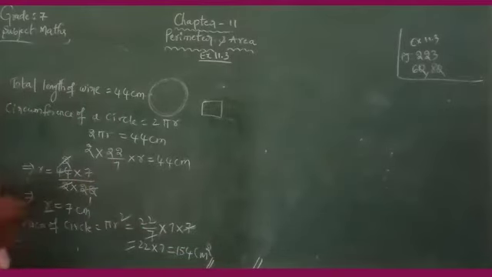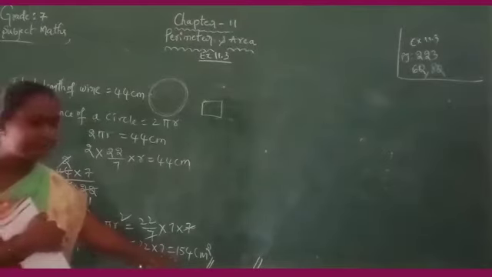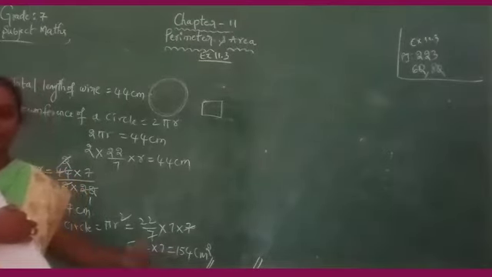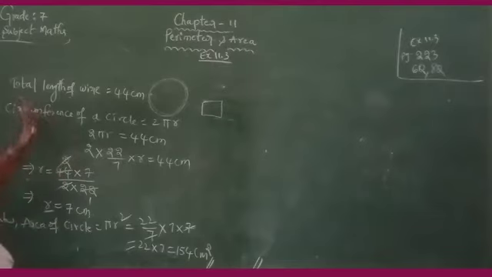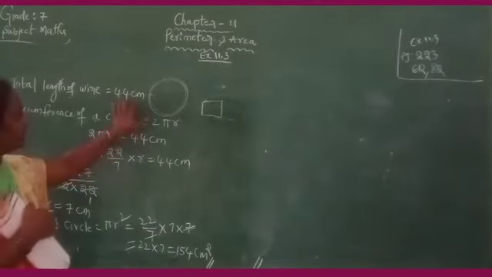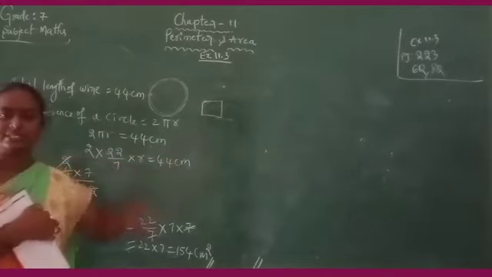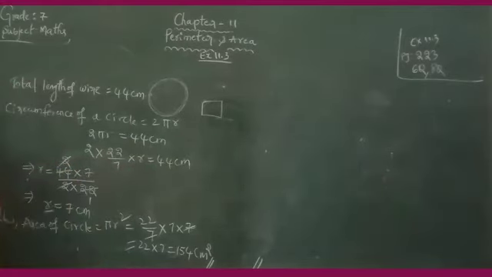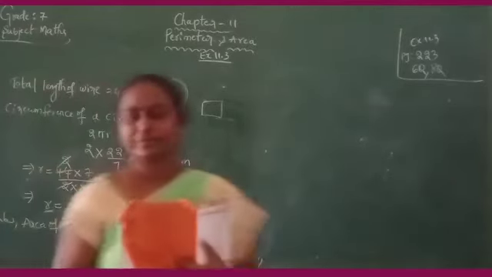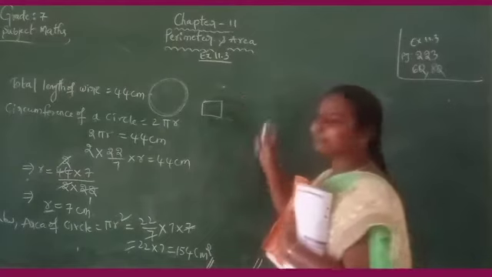Okay, so the total area of this circle is how much? 154 centimeter square. Again, she has converted the 44 length of the wire into the shape of a square. So for a square, the plane figure measure is what?